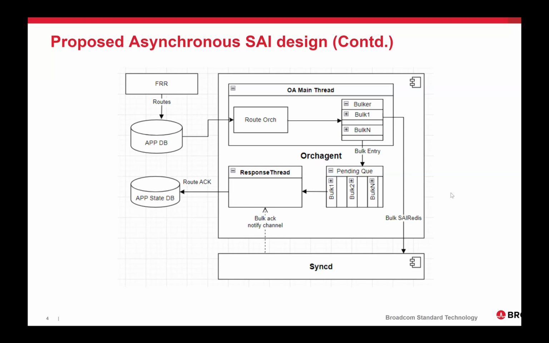Even today with the synchronous mode, we get the route all the way back to BGP if you have suppress with pending. But the ARC agent needs to wait, and if it calls 1,000 routes, it needs to wait until the 1,000 routes are installed. Now you can just call and go back and do some other operation, which significantly improves the boot performance time. Yeah, at least for the single thread, right?